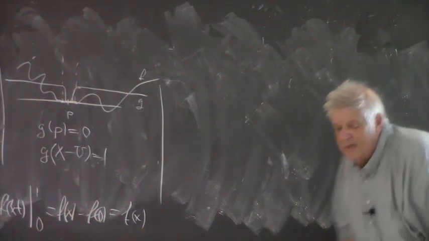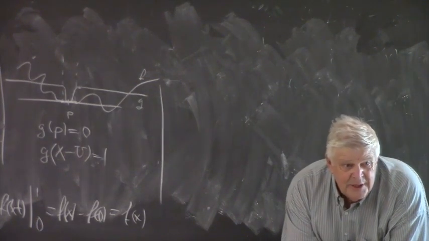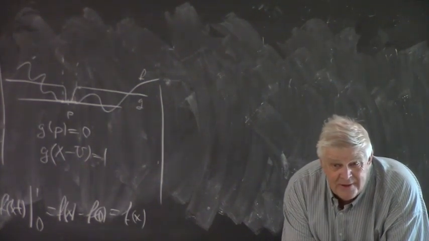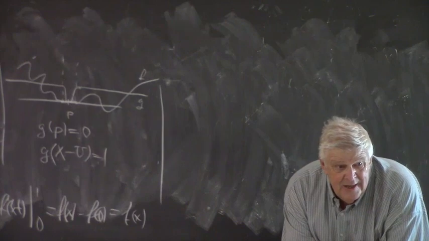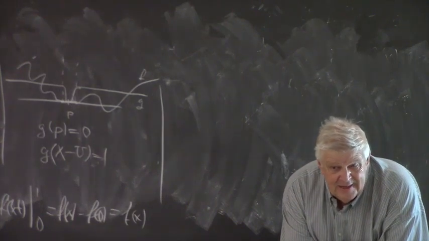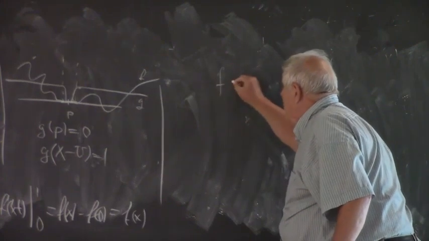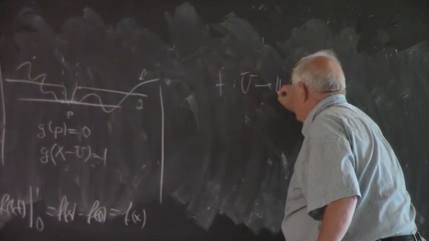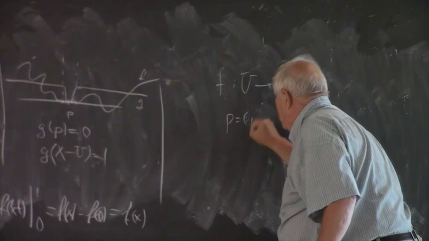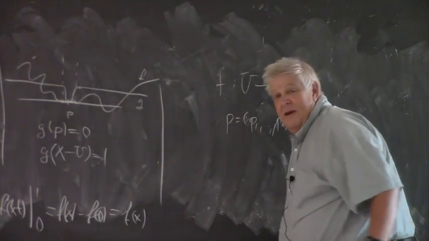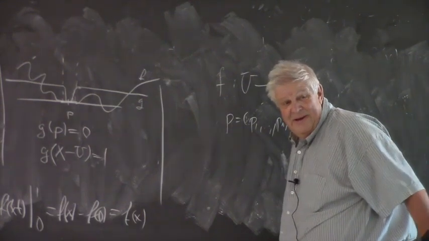Now I consider a function which is defined in a neighborhood of some point p, not necessarily 0, and which is not 0 anywhere. So let f be a function in u in R^n, p = (p1, ..., pn) in u, and no other assumptions.